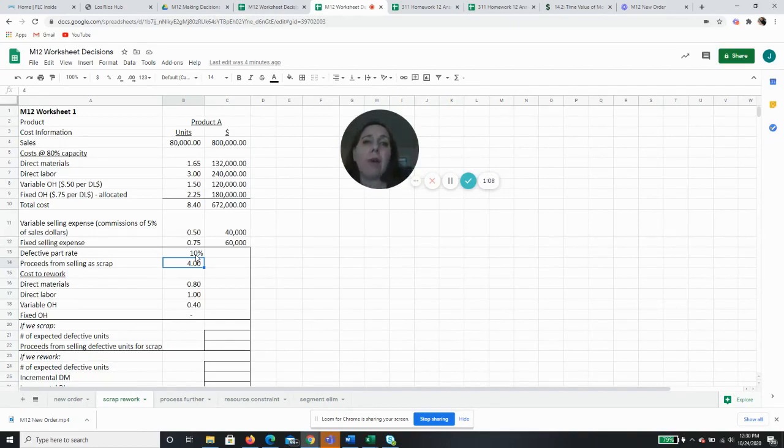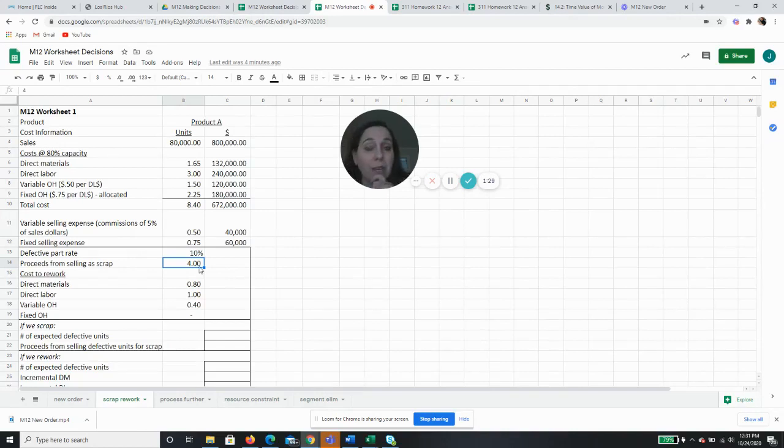Also, there may be some value to the raw materials that we can sell. So if our product includes some gold, we might be able to sell it for scrap to a recycler who will take the gold out and use that, and then they'll dispose of the rest of the product. There's a price. So we can sell ours for $4 for scrap. Remember, we're normally selling for 10.